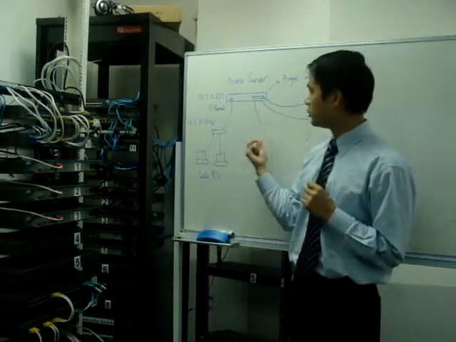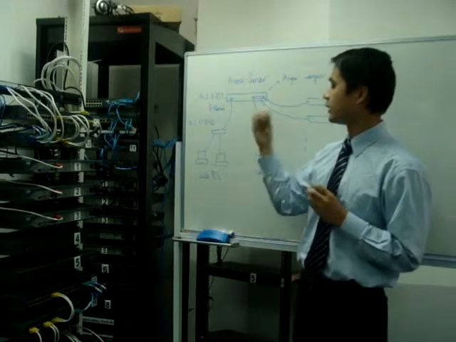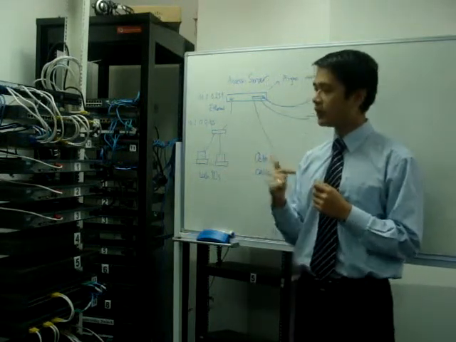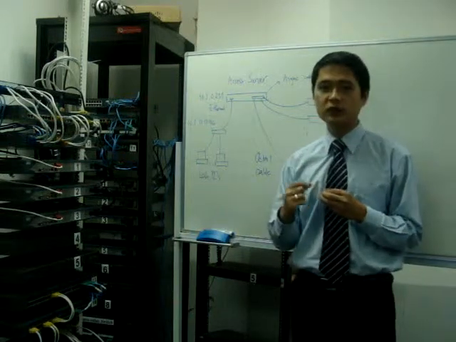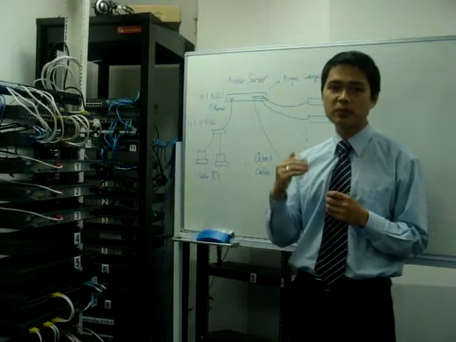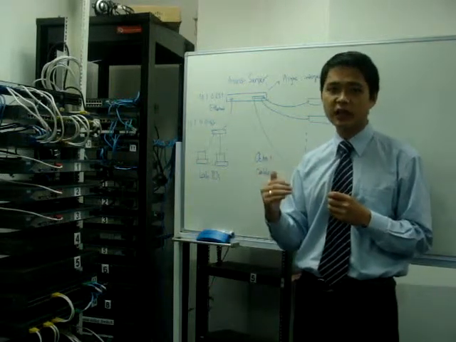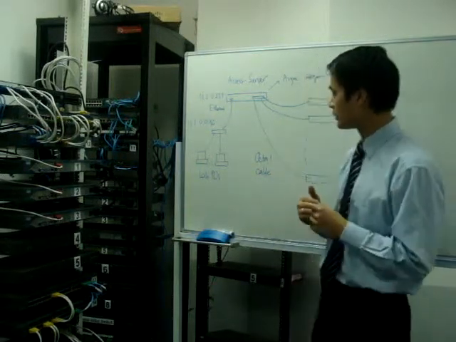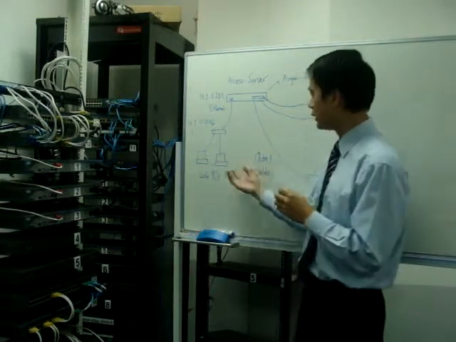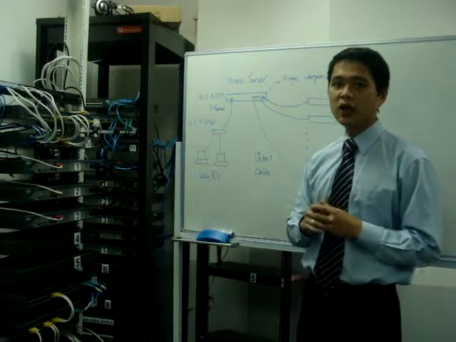Now, we can see that if we do the console connection, we can only create one connection at a time. But we can create many telnet sessions at the same time on the same PC. So we take advantage of both connections in this model. How can we do that?